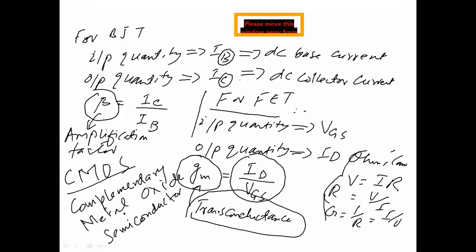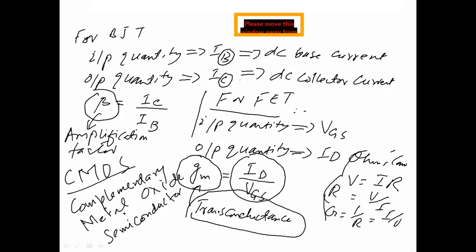By this we mean that when we analyze an amplifier circuit using FET, during the process of analysis, we have to determine the circuit parameters. Which ones? Voltage gain, input impedance, and output impedance. You are familiar with these three terminologies.